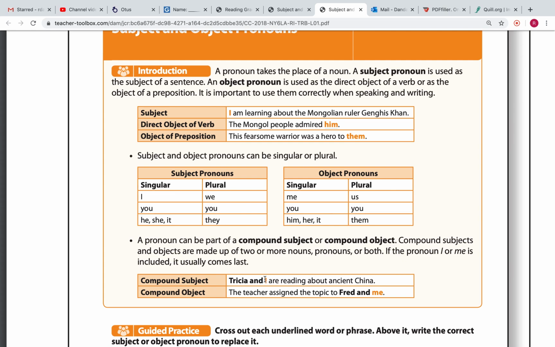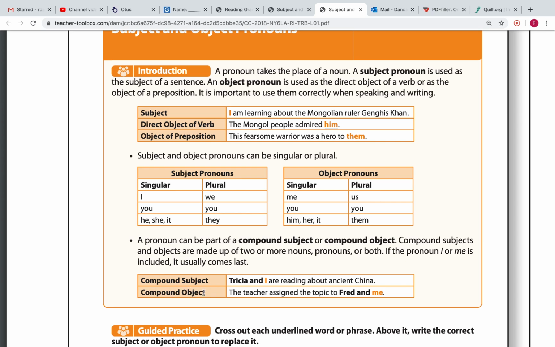A lot of people make the mistake of saying Trisha and me, or they might say Ryan and me went to the movies, or me and Ryan went to the movies. That is incorrect. The correct way to say that would be Ryan and I, or in this case, Trisha and I, not me and Trisha, right?